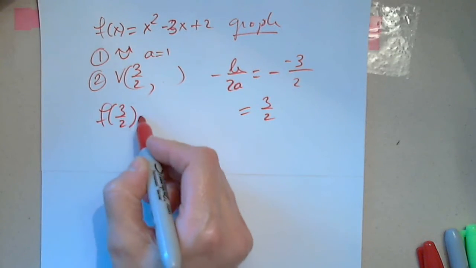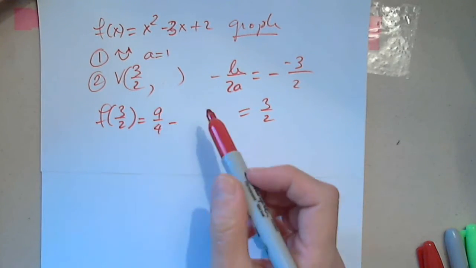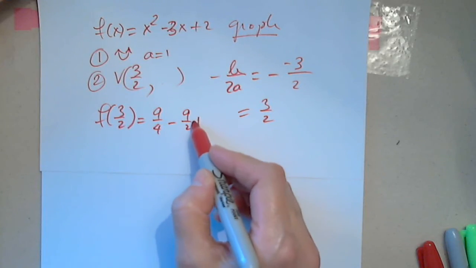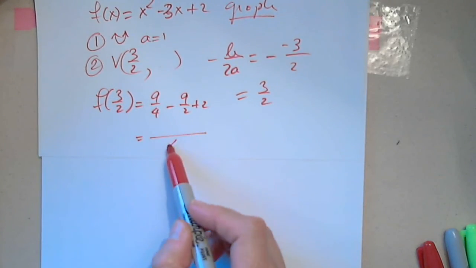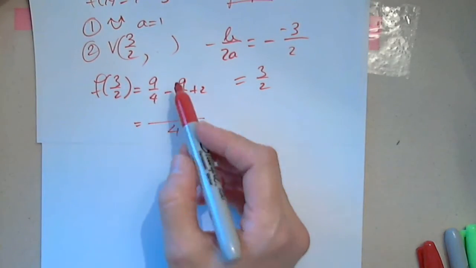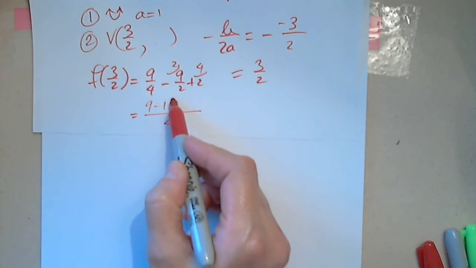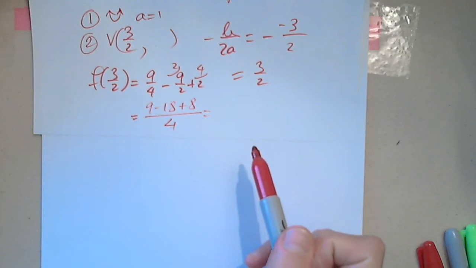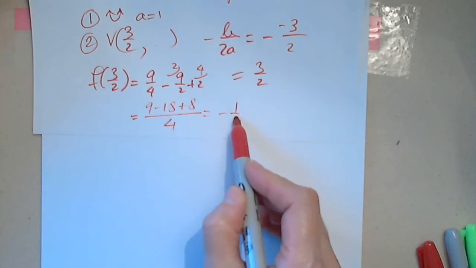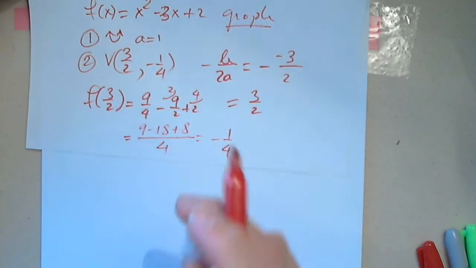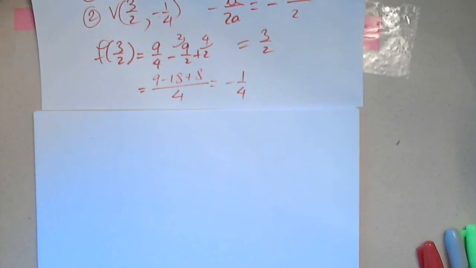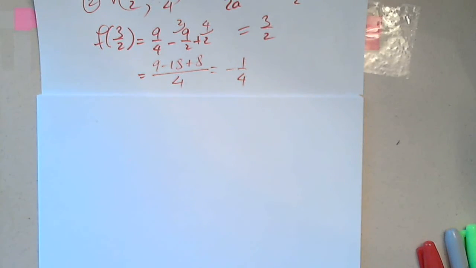So f of 3 over 2 is 9 over 4, minus 9 over 2 and plus 2. Find the least common denominator. So this needs a 2 and this needs a 4. So 9 minus 18 and plus 8. And that's negative 1/4. We know this, we've done that several times, but just to refresh our memory.